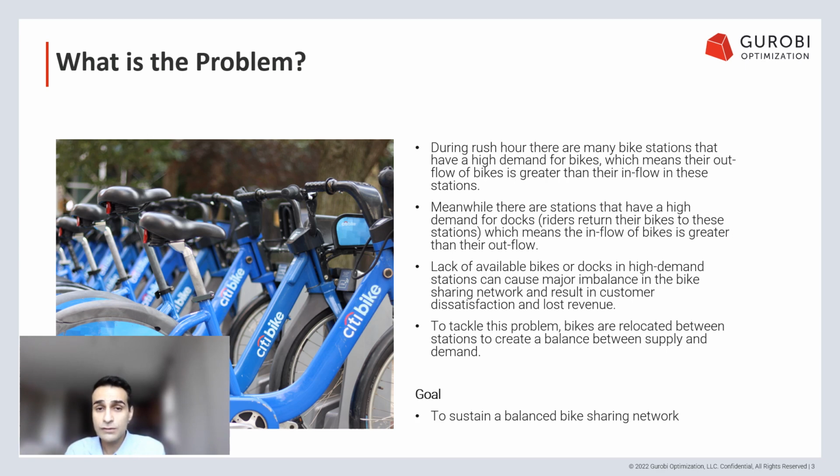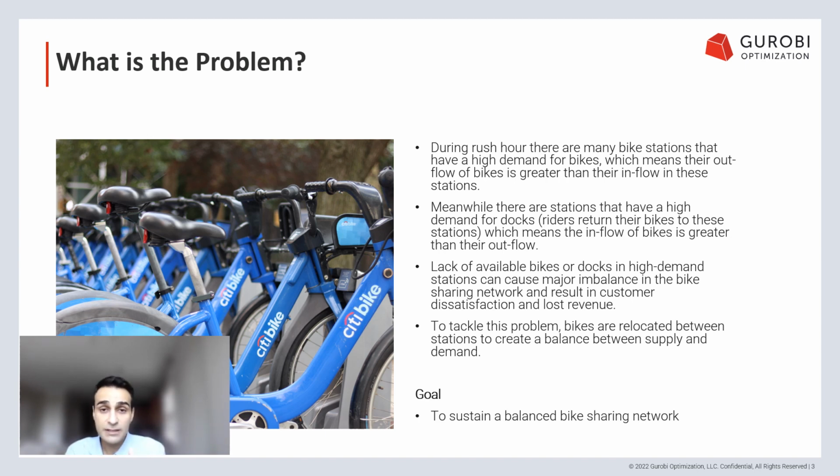And the solution for that is they transfer bikes between stations. So let's say those stations that have a lot of bikes coming in and their inflow is larger than their outflow, they have a surplus of bikes. They take bikes from those stations and deliver them to stations where they need more bikes, right?